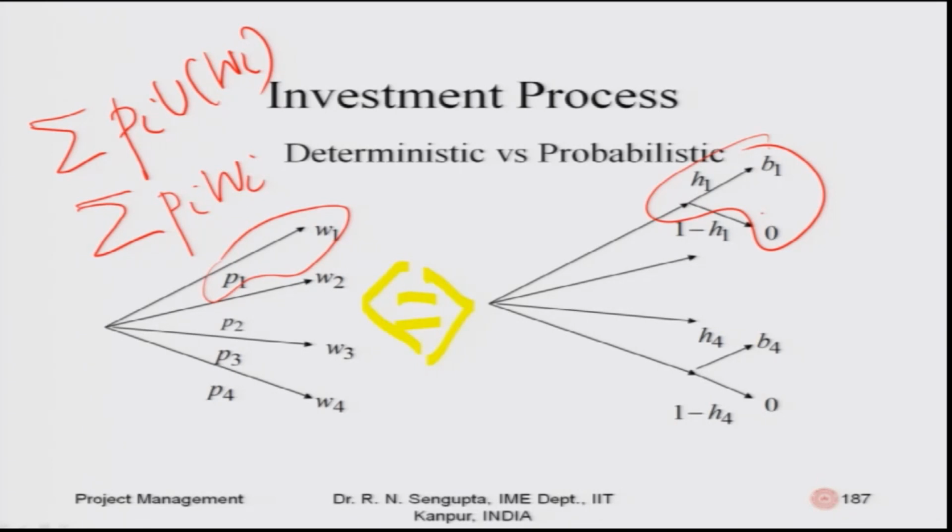If there is some other utility function, we will use that utility function, but multiply it by the corresponding probabilities, which in this case is H1 and another arm has a probability of 1 minus H1.